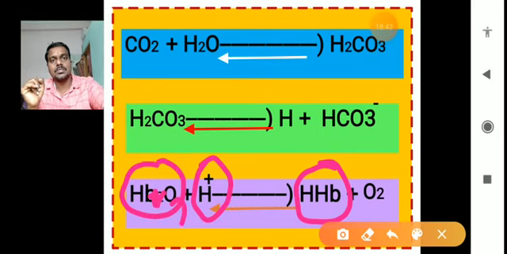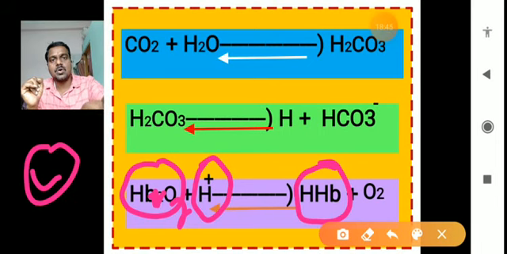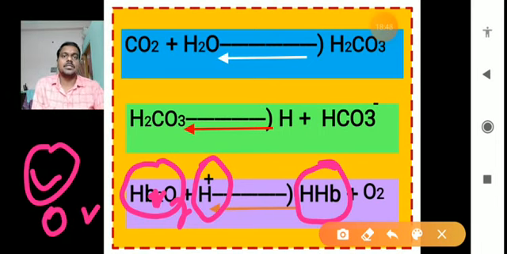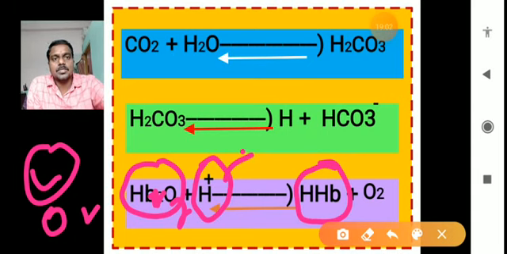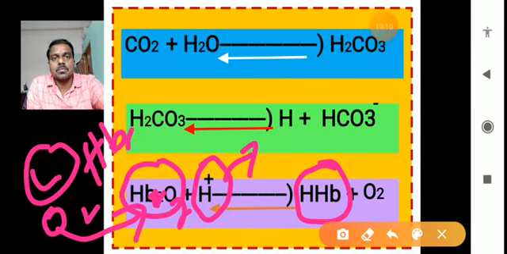In the lungs, plenty of oxygen is present at 100 mm Hg, a high pressure in the alveoli. That oxygen definitely affects the HHB. Then the H plus ions are released, and the hemoglobin again binds with oxygen and forms HbO2.